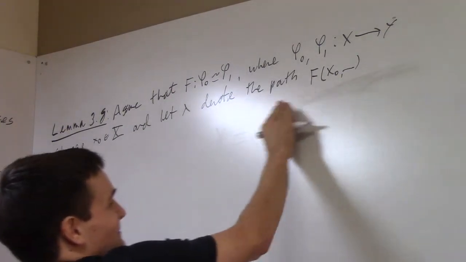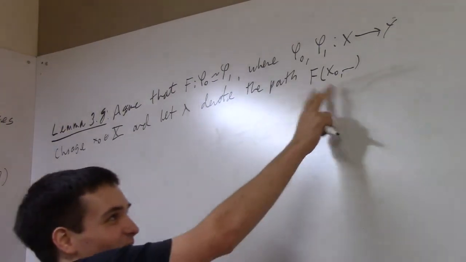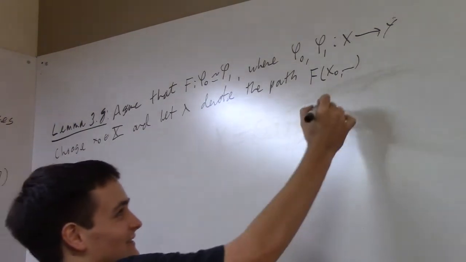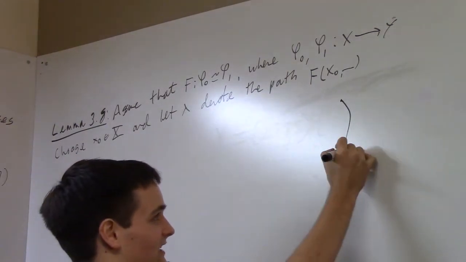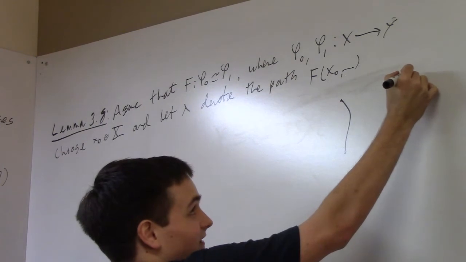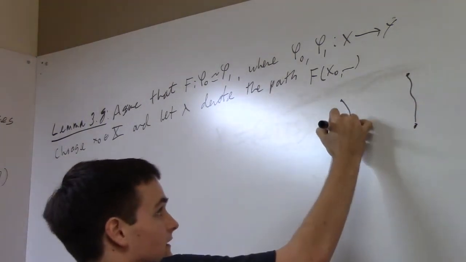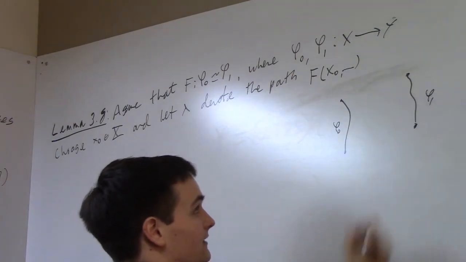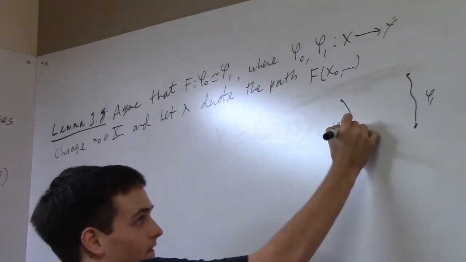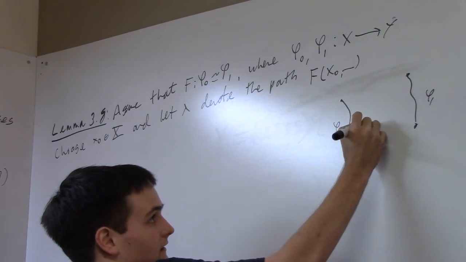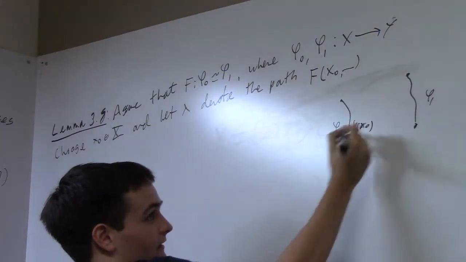But I did have a nice way of looking at this visually. So, if you have this here is phi naught, this here is phi 1, and this is phi naught of x naught.